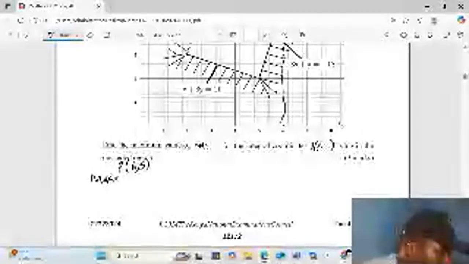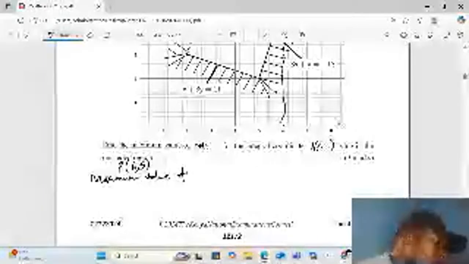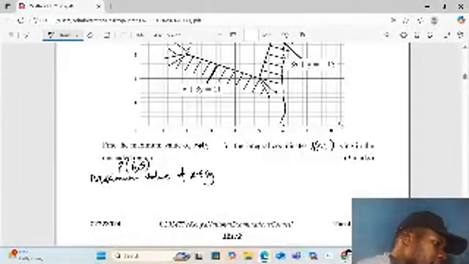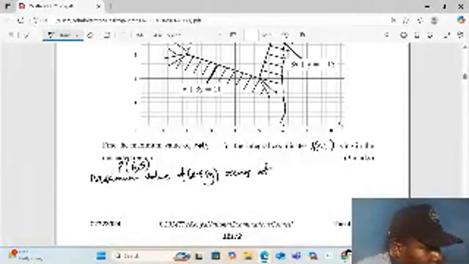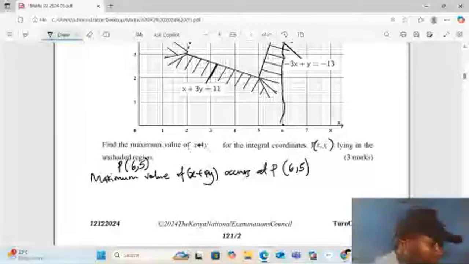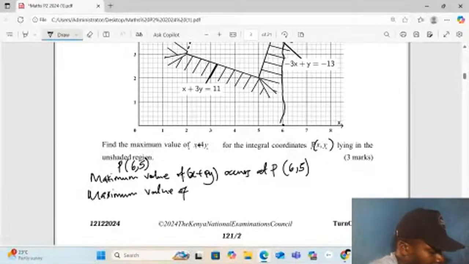So you say the maximum value of x plus 4y occurs at P, which is (6, 5). Now the maximum value of x plus 4y.